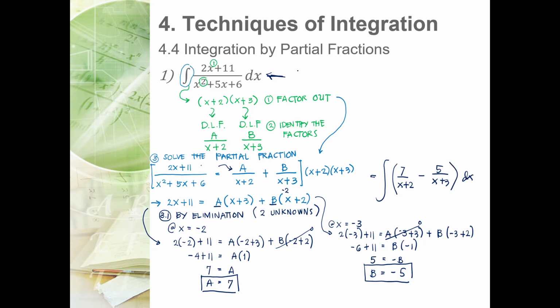Notice that from the original equation, it becomes its corresponding partial fraction decomposition, which is 7 over x plus 2 minus 5 over x plus 3. So that's the first method.